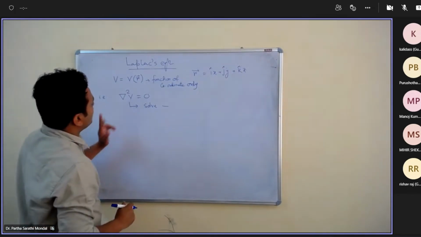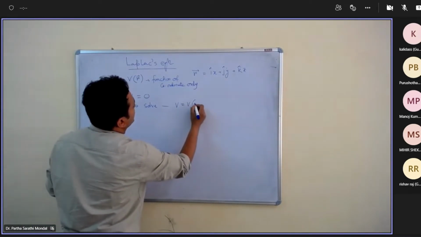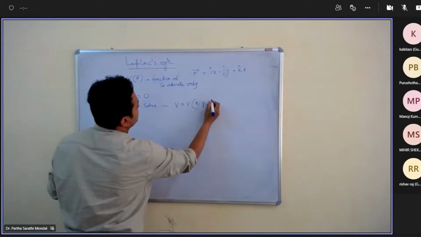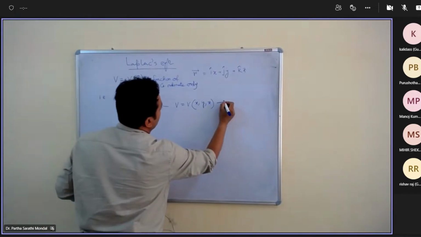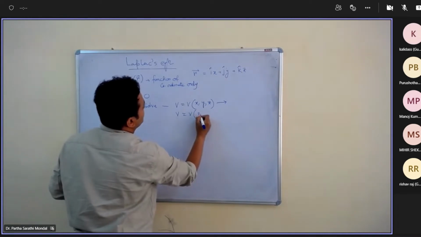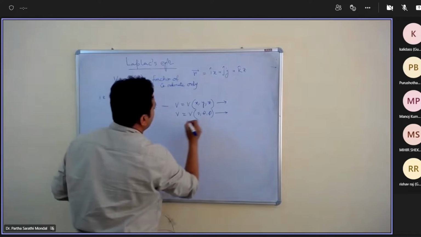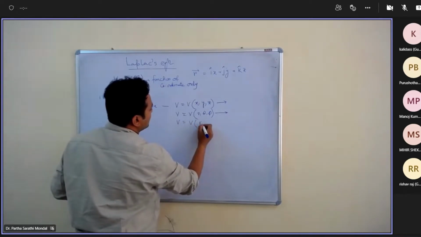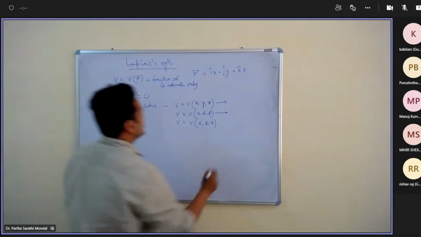Now if I solve it, it will give you V as a function of x, y, z if I use Cartesian coordinates, r, theta, phi if I use spherical polar coordinates, and r, theta, z if I use cylindrical polar coordinates.